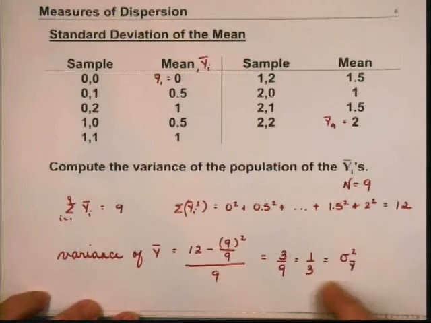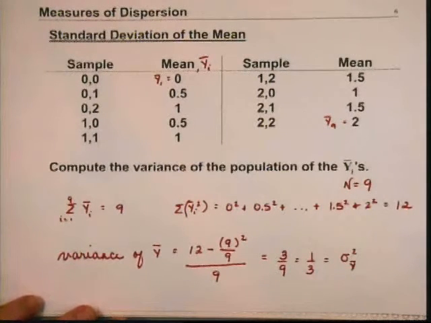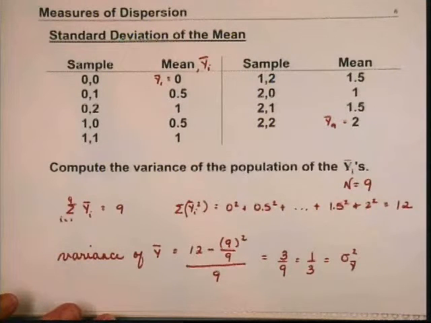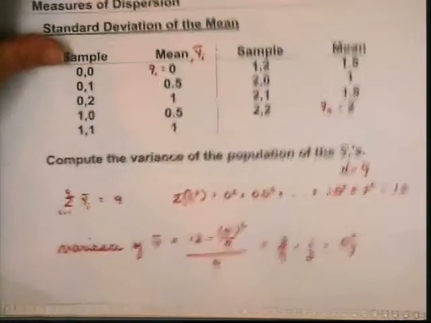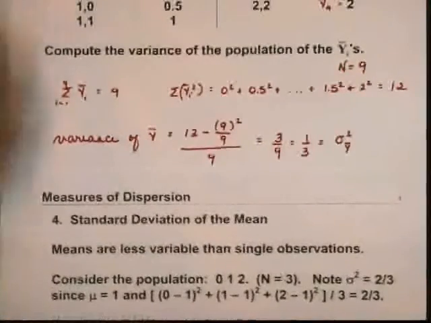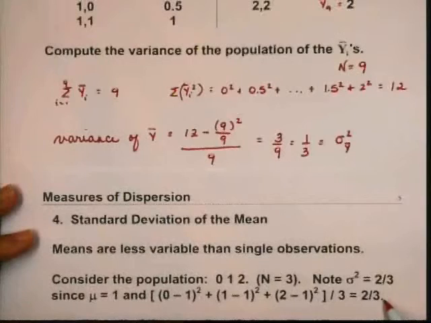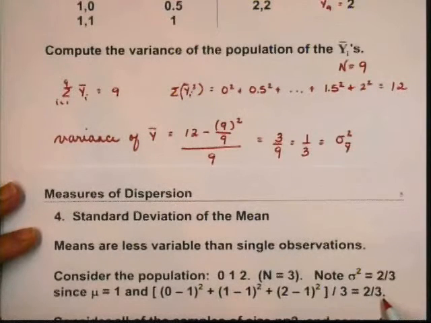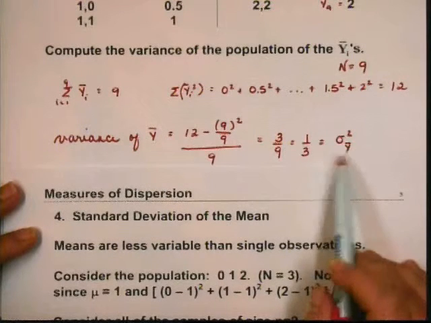How does the variance of the y bars compare to the variance of the population of y's? What was the variance of the population of y's? 2/3, right? So sigma squared was 2/3. Sigma squared of the y bars is 1/3.